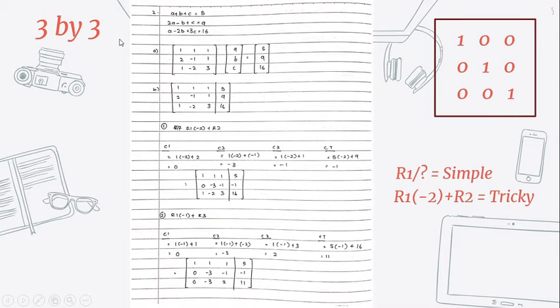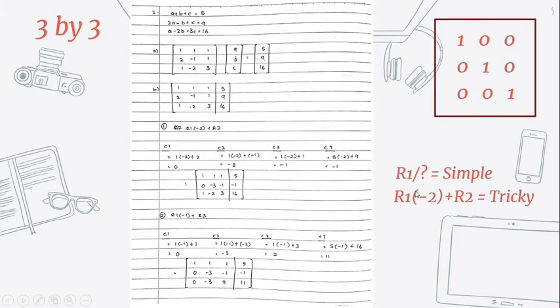So for 3 by 3, step 1, we have to convert the augmented matrix form, which is ABC, into the new matrix form, it will become like this at the end.